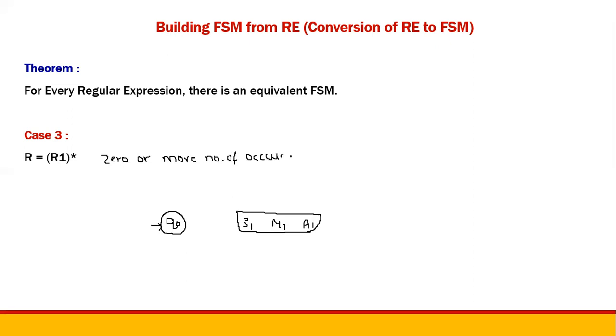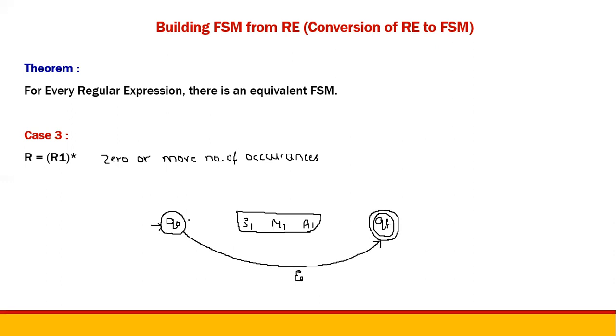Zero occurrences means that without reading the regular expression, it can reach the final state. That means the machine at Q0, without reading any input, can read epsilon, an empty string, and reach the final state. So this is the case of 0 occurrences.